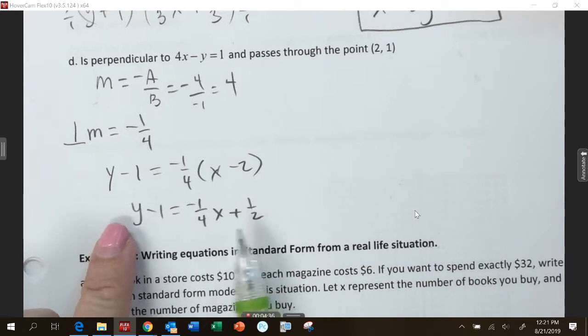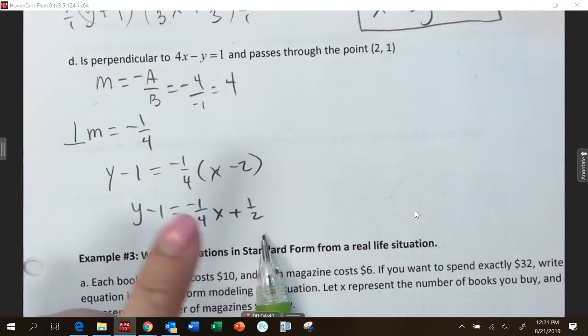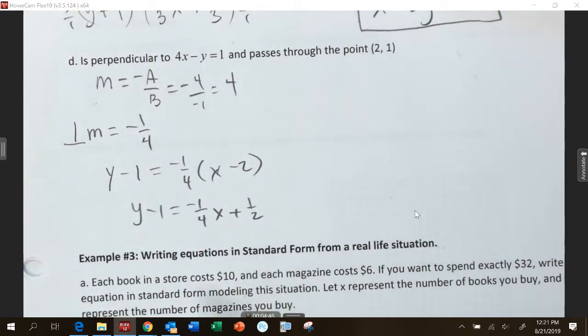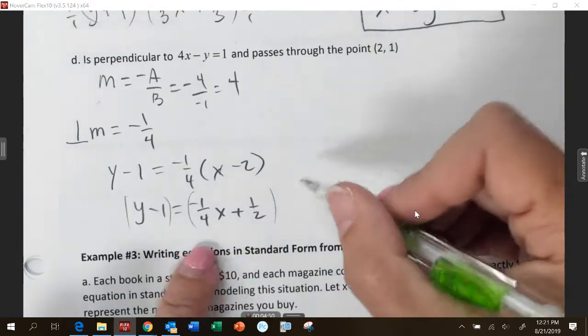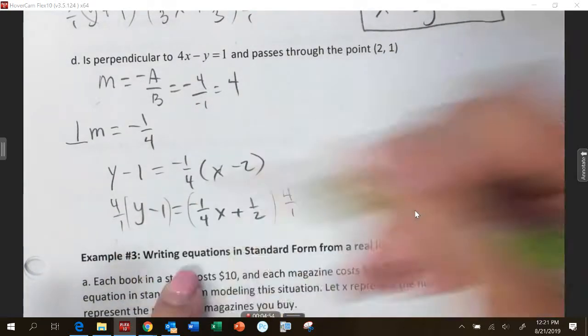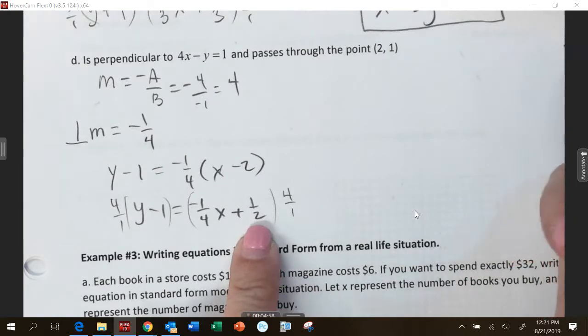So when I look at this, I want to multiply by something that will cancel out the denominators. I have 2 different denominators, so I want to think about the common denominator. What is the common denominator of 4 and 2? Okay, so I'll multiply everything by 4, and that will cancel out the denominator of 2 as well, because 4 divided by 2 is 2.